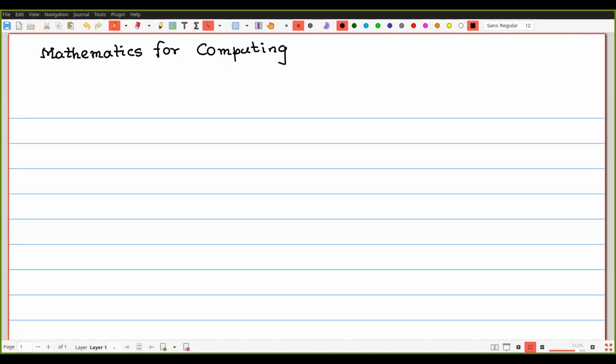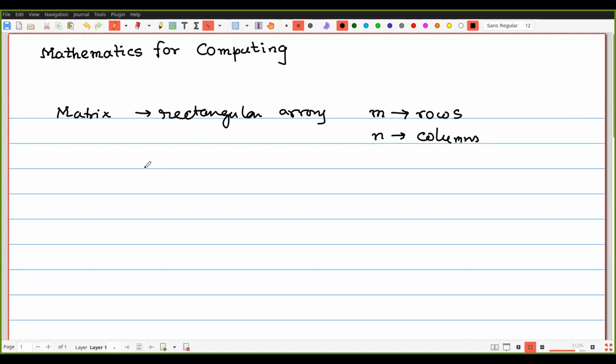Already in the previous class, we started with the introduction of the matrix. A matrix means a rectangular array of numbers, where if we have m number of rows and n number of columns, then we say the matrix is of order m cross n.